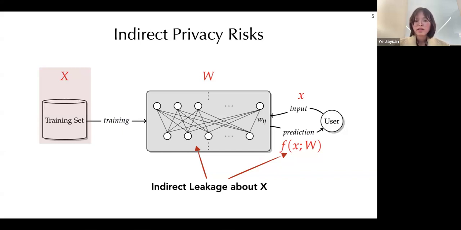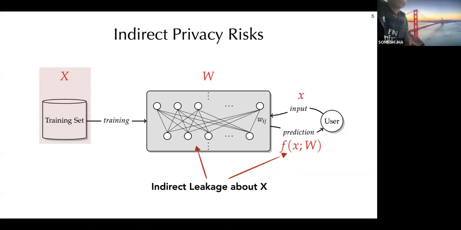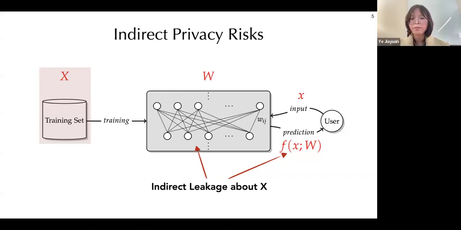Therefore, they also indirectly leak information about the training data set. What do I mean by that? Let's see a few real world examples of this kind of indirect privacy risk.